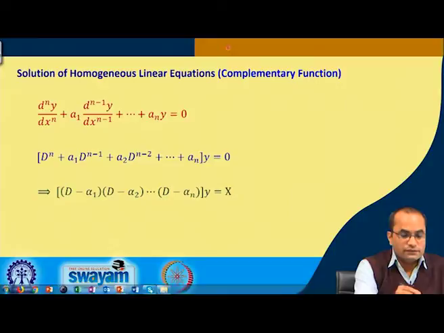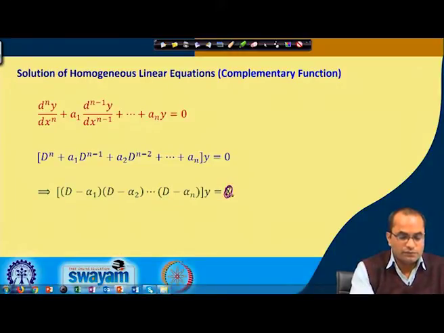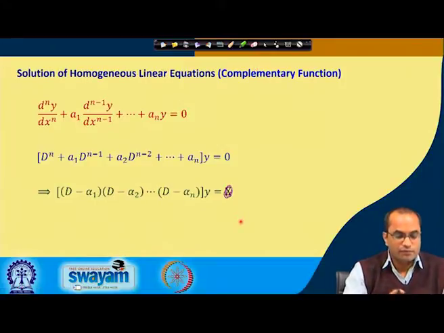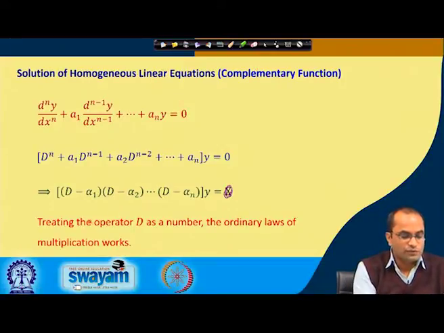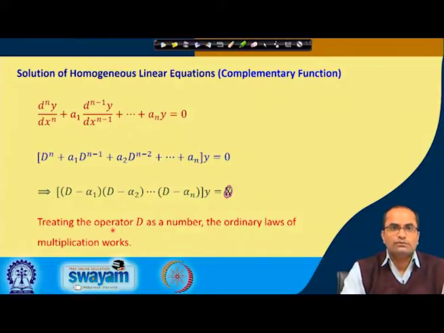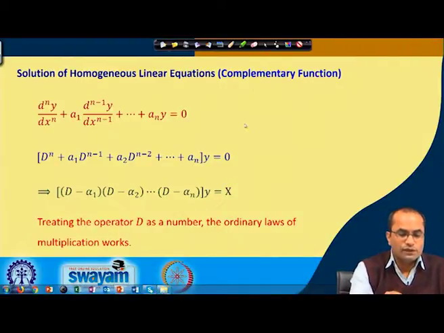This is 0 because we are talking about the homogeneous equation, so the right hand side is taken as 0. Treating the operator D as a number, the ordinary laws of multiplication work, and this was the observation from the last lecture.